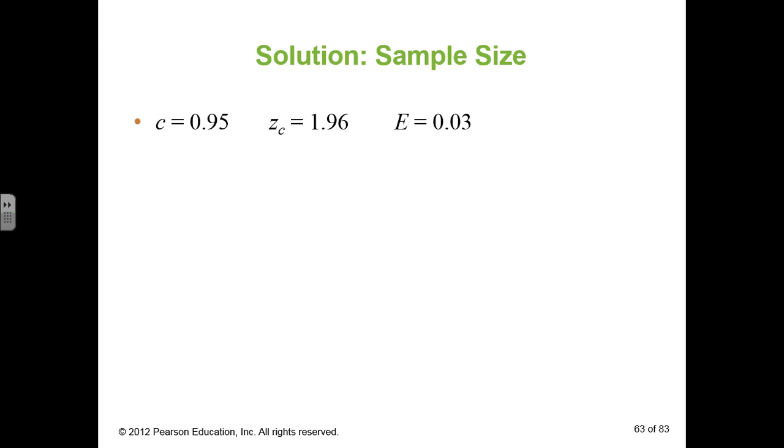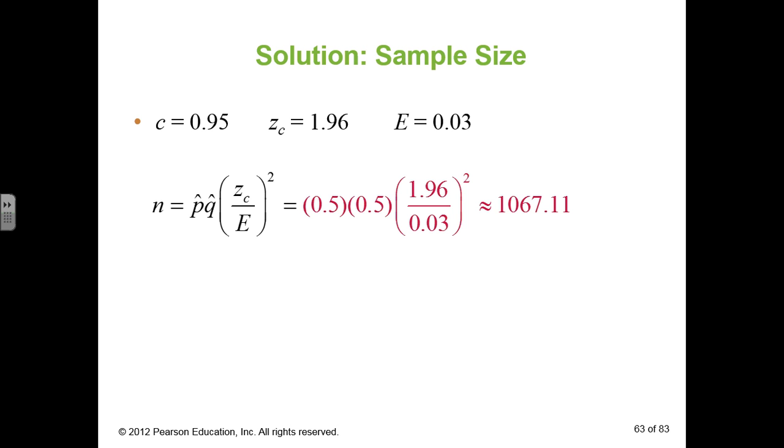Remember, our confidence interval was 95%, and the critical value for 95% is 1.96. The margin of error was 3%, written as a decimal is 0.03. So we put that into the formula, 0.5 times 0.5 times 1.96 over 0.03, and this quantity is being squared.